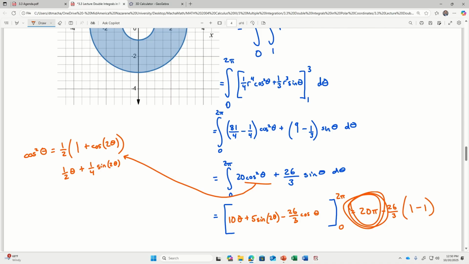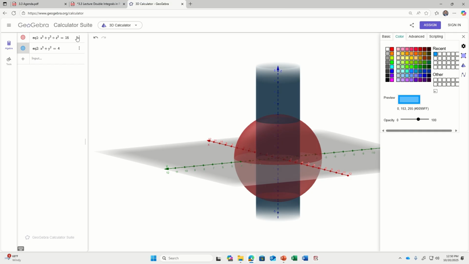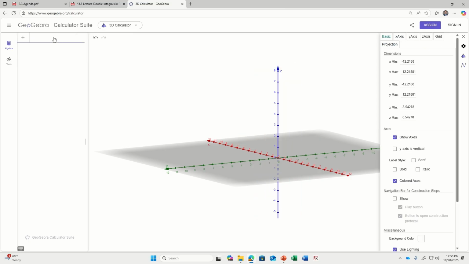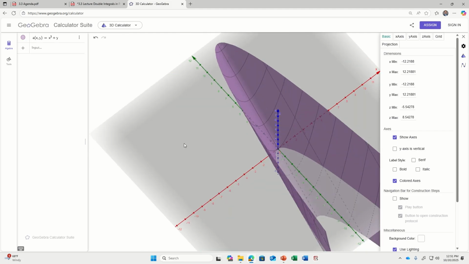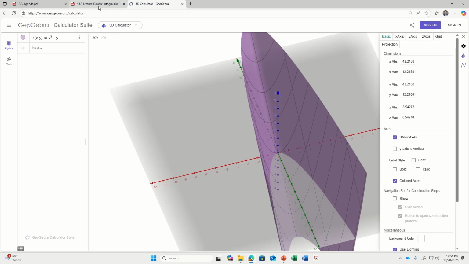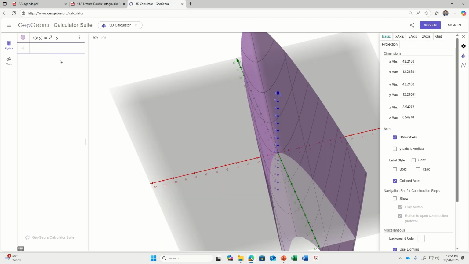So the volume of that solid, the surface on top is x squared plus y, and it's specifically the one where the radius is between 1 and 3 units away from the z-axis.